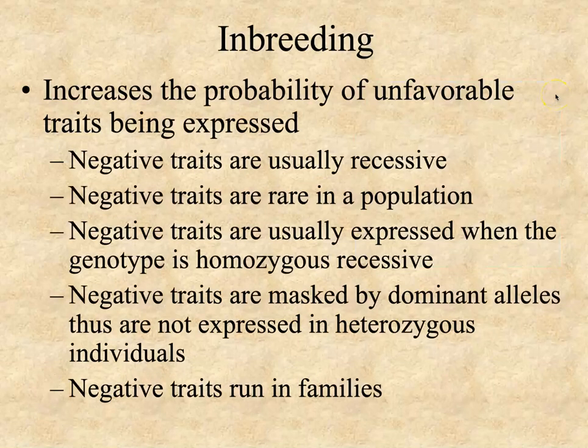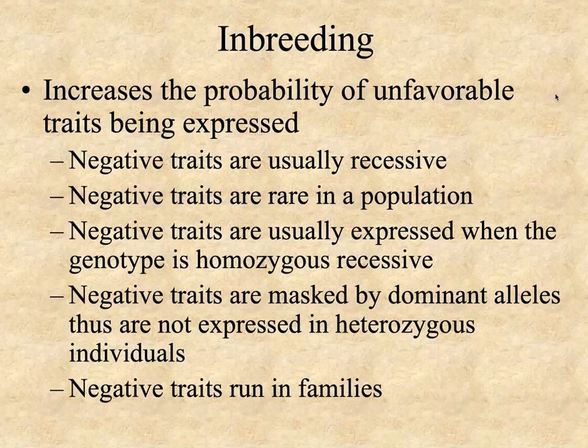So inbreeding increases the probability of unfavorable traits being expressed. The negative traits are usually recessive. The negative traits are rare in a population. And since they're recessive, the only time they're expressed is when the individual is homozygous recessive.